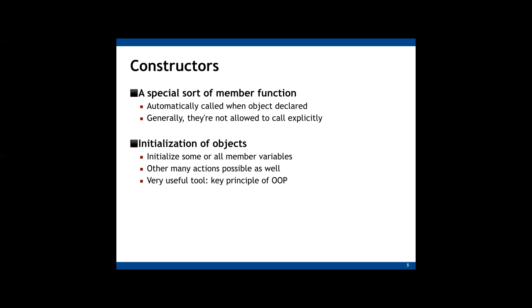A constructor is automatically called when you create objects from a class. So it's automatically called. And because it is called at the very beginning of object creation, the main purpose of the constructor is initializing objects.